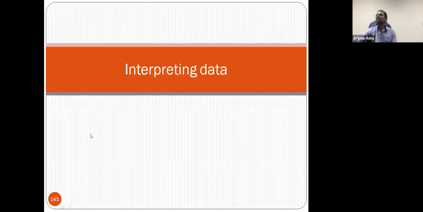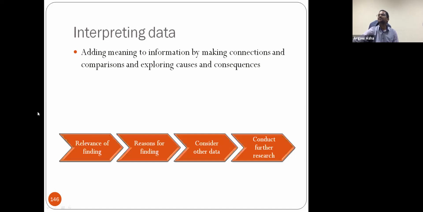Whenever you are interpreting the data, check the relevance of the data, find the reason for the finding, then consider other data and conduct further research. Interpret means we describe the current data. You can give some reasoning, we explain, or recommend future work.